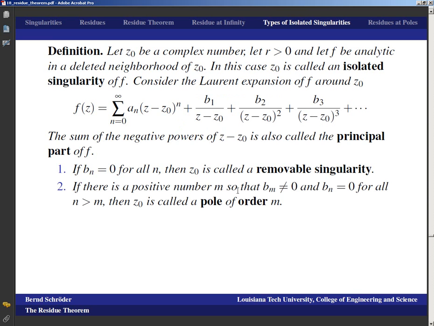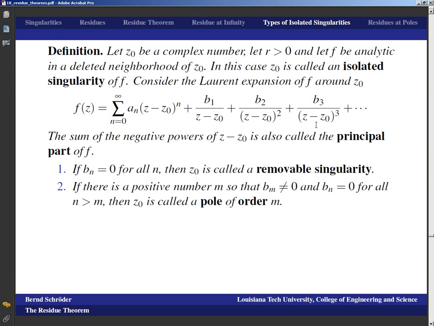If there is a positive number m so that b m is not equal to 0, and b n is equal to 0 for all n greater than m, then z0 is called a pole of order m. So that would mean we have, say, it goes up to b3, and after that there is nothing. That means we've got a division by z minus z0, we've got a division by z minus z0 squared, we've got a division by z minus z0 cubed, and that's it.